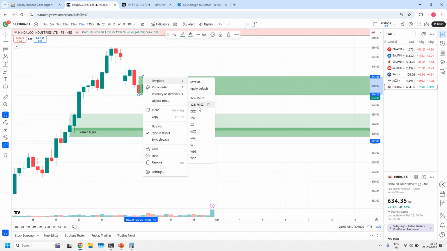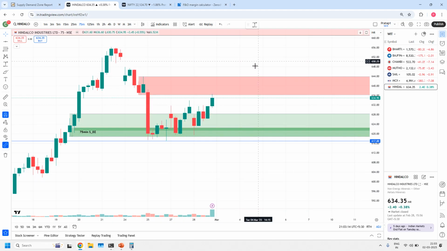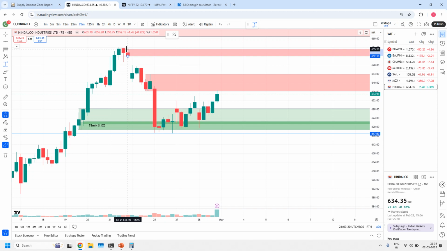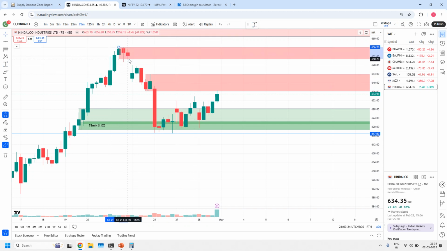So this is the 75 minutes supply zone. Initially, your trade is like this. This was your earlier target.